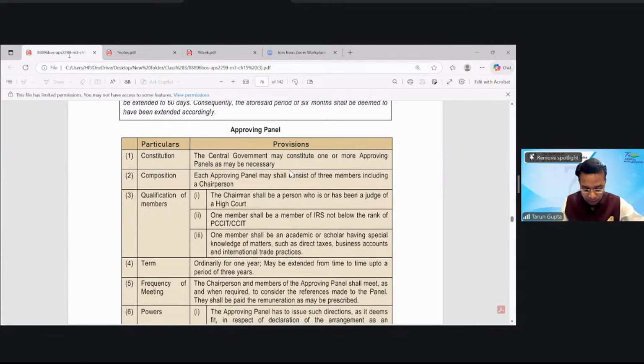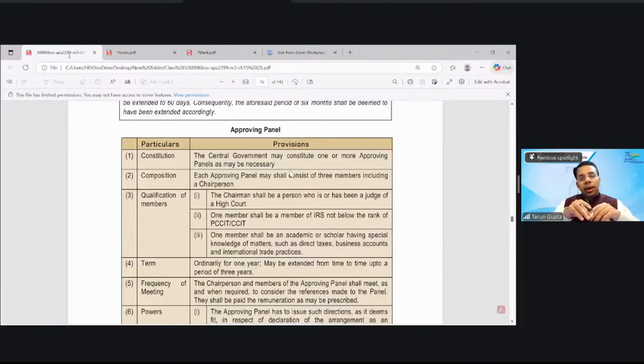And the third shall be an academic or scholar having special knowledge of matters such as direct tax, business accounts, and international trade practices. Such third person shall be the subject matter expert. So it's a very powerful panel, and this panel actually decides whether the arrangement is an IAA or not.